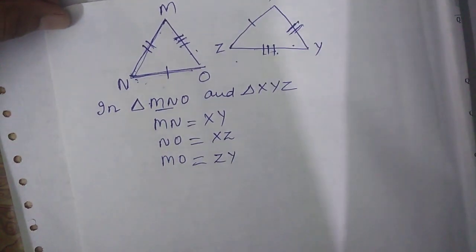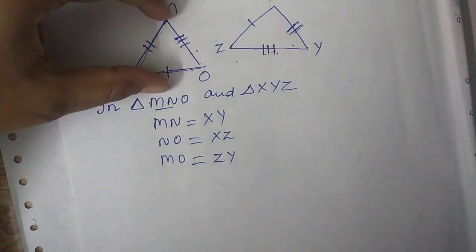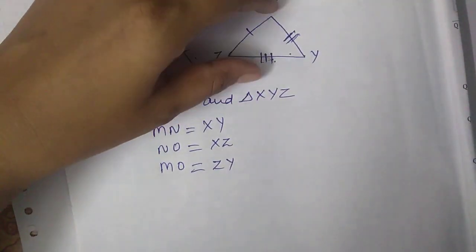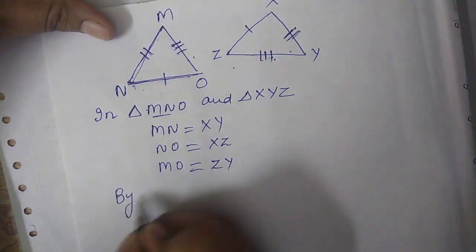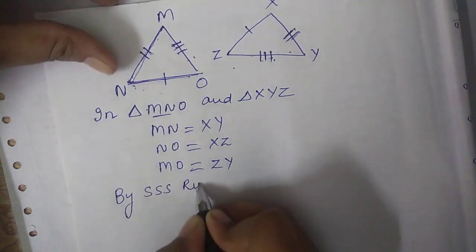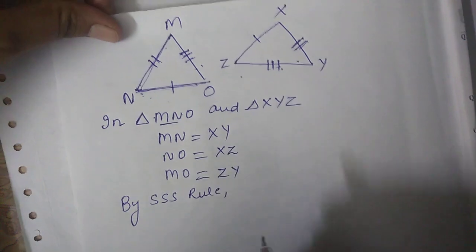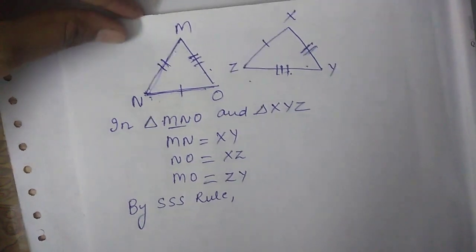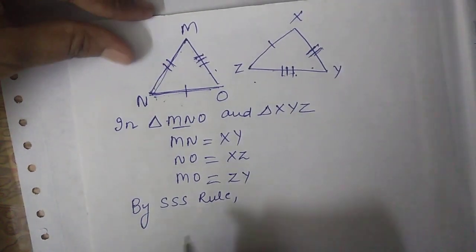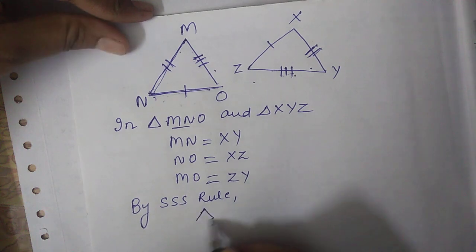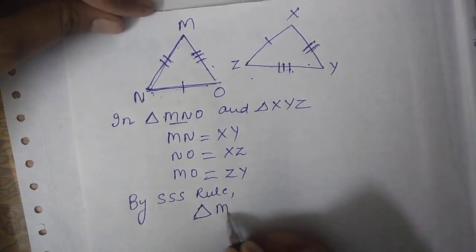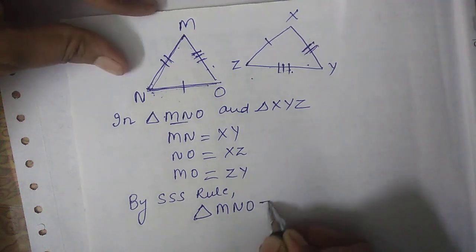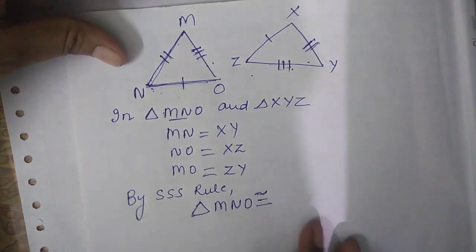These sides are equal. So as all the three sides of this triangle are equal to all the three sides of this triangle, we can say they are congruent. By which rule? By SSS rule they are congruent. Now I will write the name in symbolic form. That is very important in congruence. First write the name of the first triangle in any way. Let it be MNO. Then apply the sign congruent to.